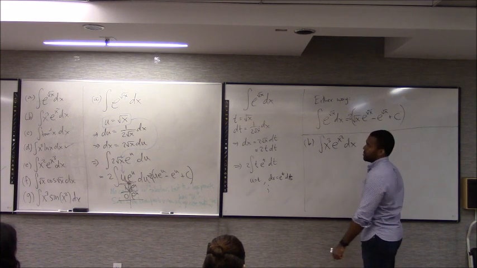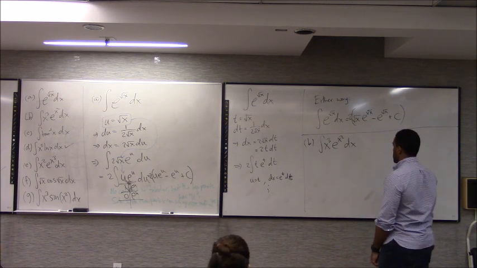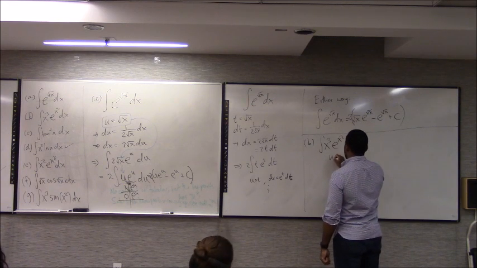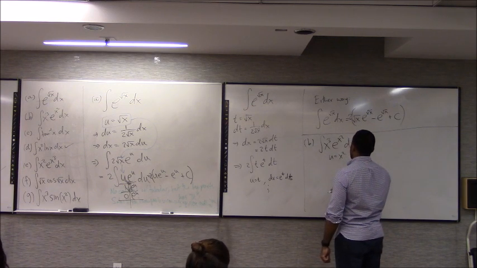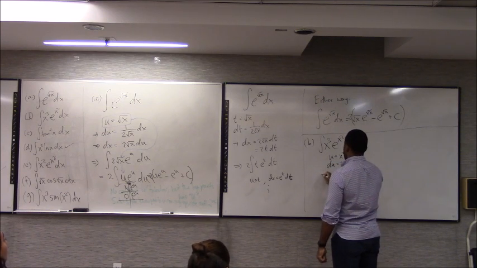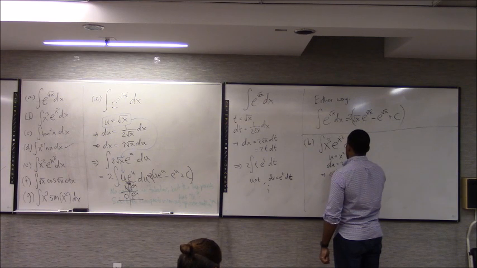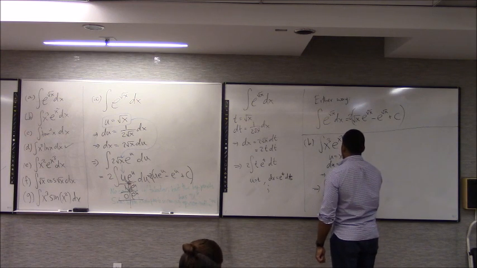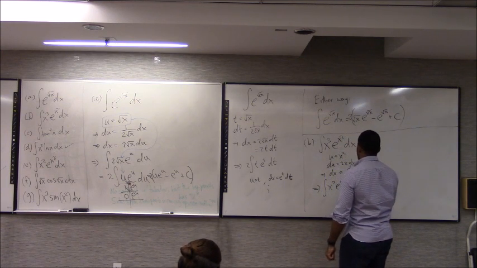What do we do here? Substitution. Okay, what? u equals x squared. So then du equals 2x dx, and dx equals du over 2x. So you can plug that in.